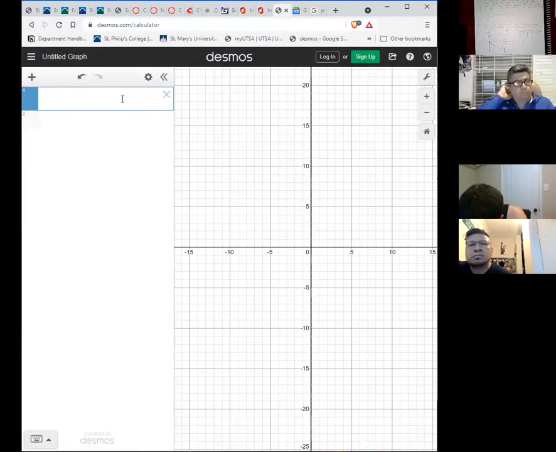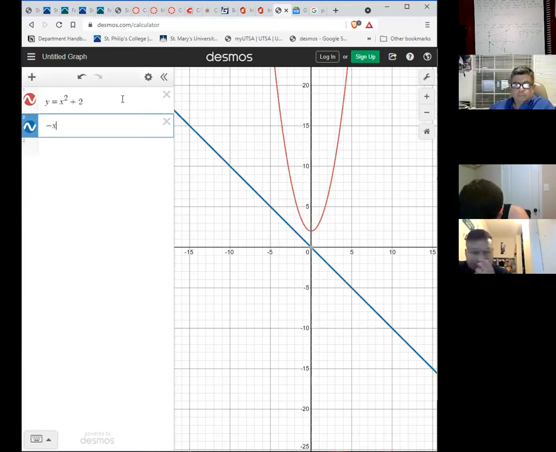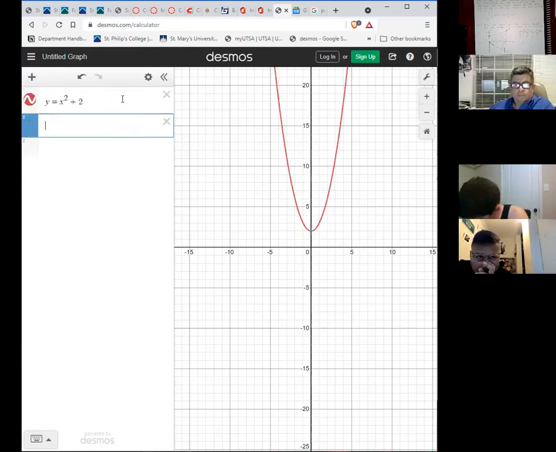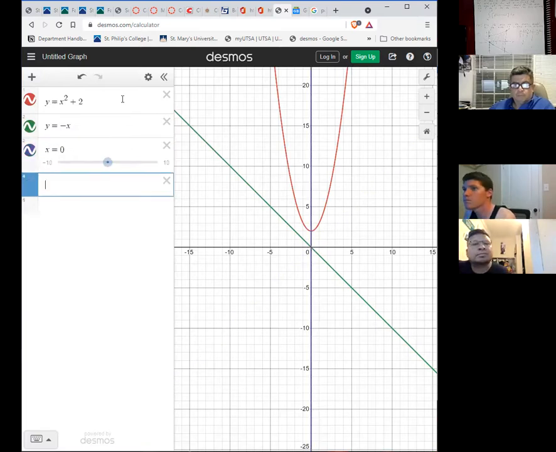Okay, let me show you a prettier picture with Desmos. Feel like that'll help. All right, here. So the parabola, the y equals -x. There we go. The line x equals 0 and x equals 1.